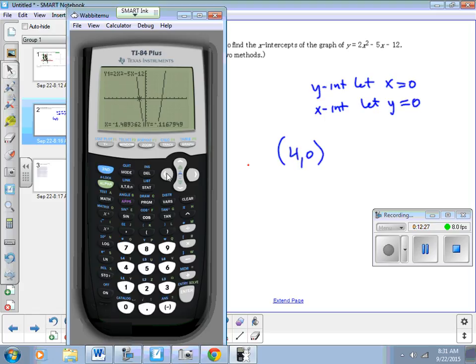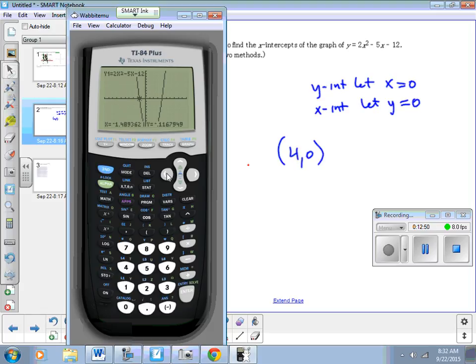It didn't give me the other one exactly. So the calculator is only as good as you make it. At one point, though, the calculator might not give you an exact value. Yeah? So I want to make sure I show you guys how to use the calculator well, but at the same time, I'm going to show you some methods that will give you the solutions.